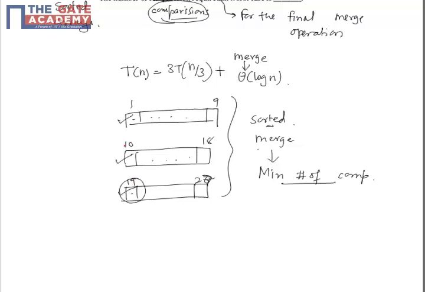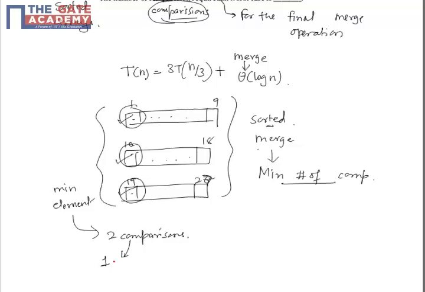That will require how many comparisons? We have to compare 3 elements, which will require 2 comparisons. At the end of 2 comparisons, one element will be sorted.